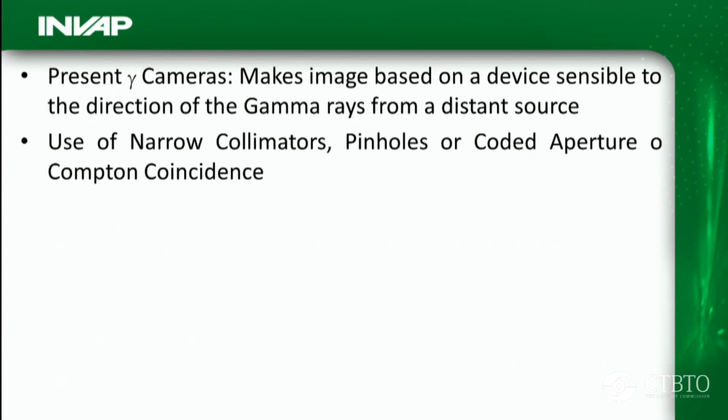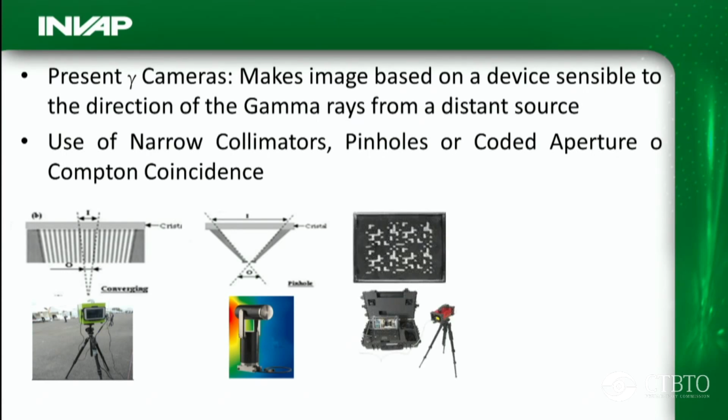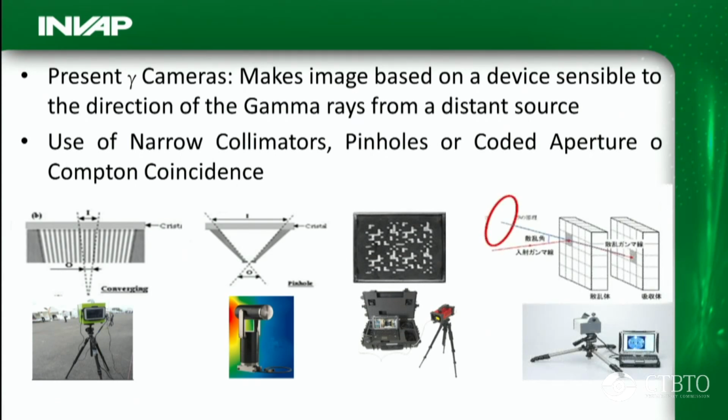Others are narrow collimators or shadow effect cameras. And there are also Compton effect cameras available on the market. In the lower part you can see a divergent narrow collimator, another a pinhole, this is a Compton coded aperture, and this is an available Compton camera.